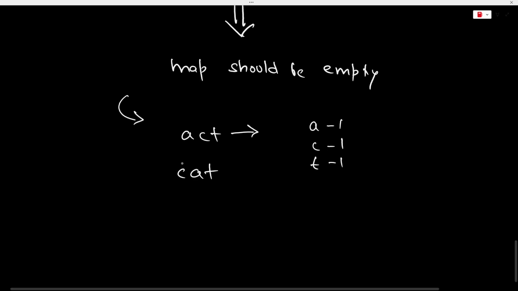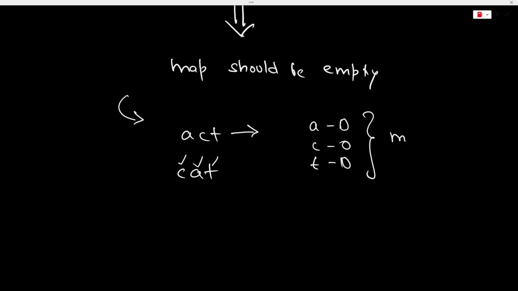And when we encounter C in cat, this C will become 0, this A will become 0, and then again this T will become 0. Our map is empty.